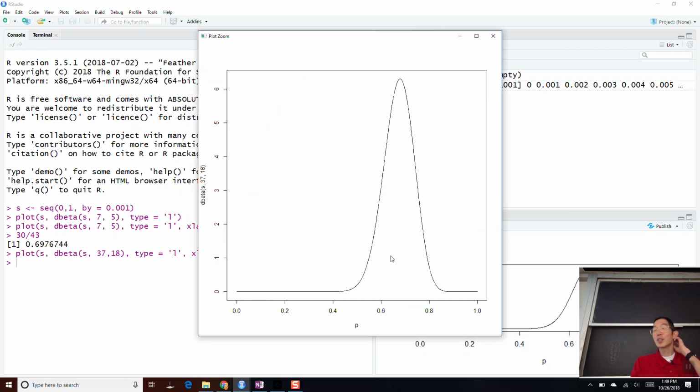Okay, so after updating, after observing 42 more values, this is my beliefs about P. Now I'm a lot more confident that it's somewhere around 0.7-ish, 0.68-ish or something, okay?